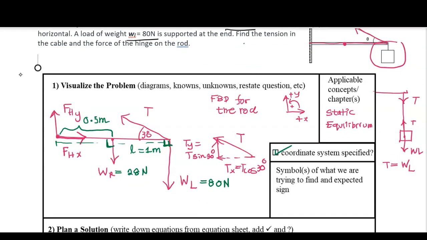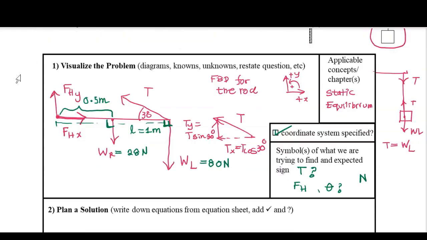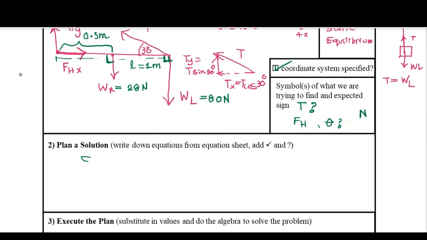The direction of the tension is given, and the other force is the hinge force. We know that we need to solve for the x and y component of the hinge force, and then we can use the Pythagorean theorem to find the resultant, and then we need to find the direction theta.